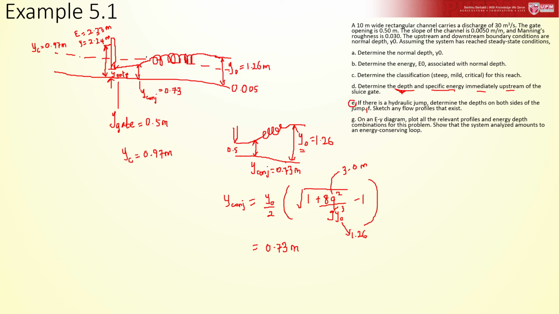This section here. We want to know this profile. So it's going up, right? But we want to know what kind of profile that is. We know that YC, the critical depth, is 0.97 meter.